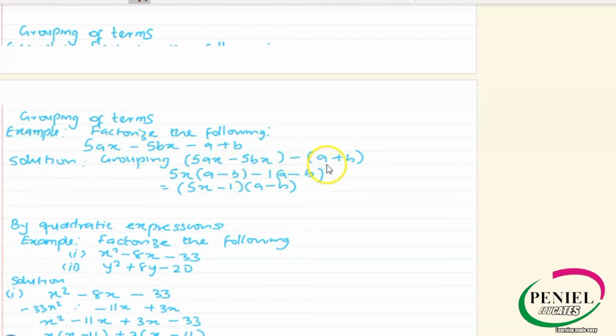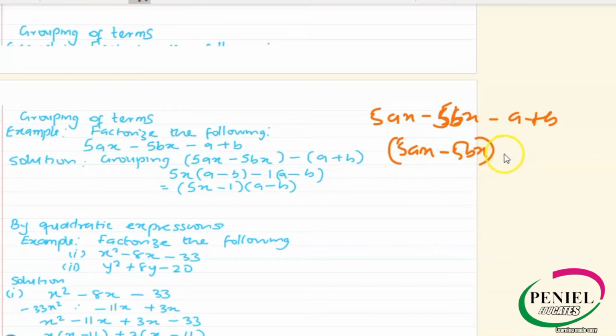Then minus a plus b is written as minus, a minus b, because if we multiply minus by a, it gives minus a, and minus by minus b gives a positive b.